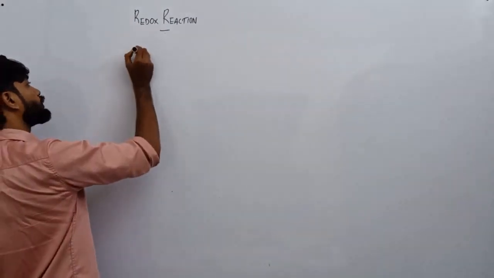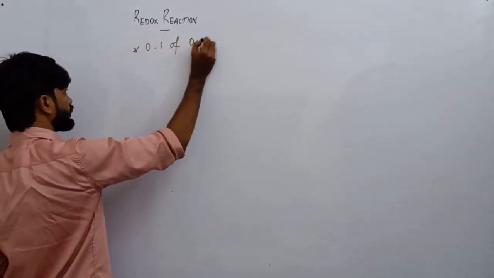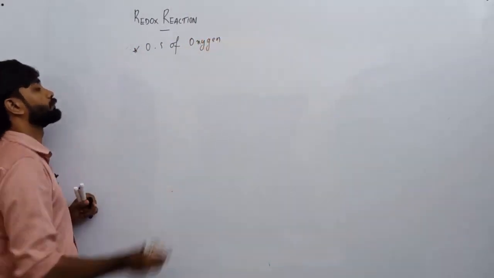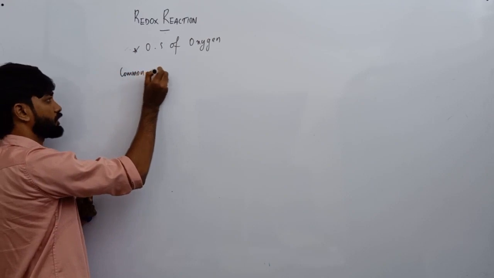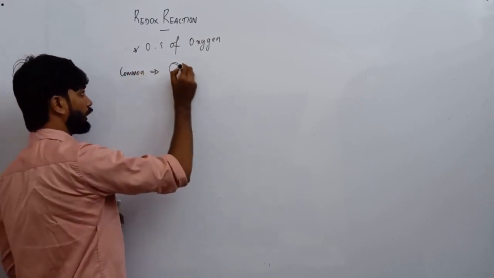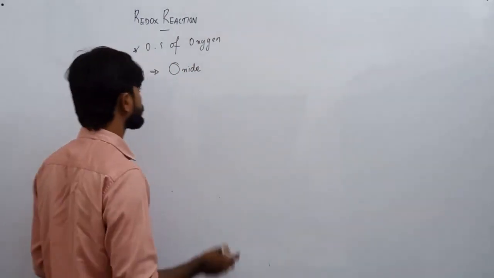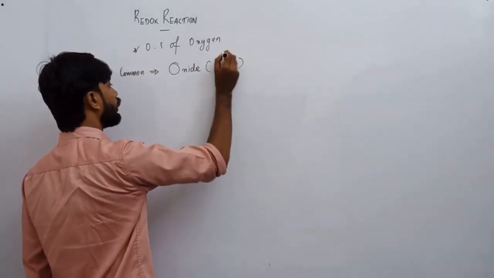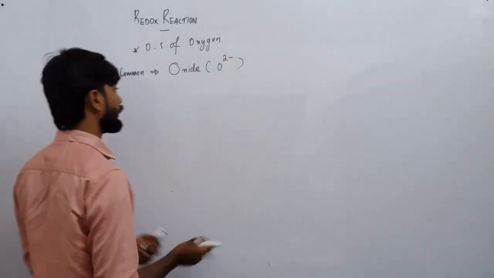The common oxidation state is the first one. The oxygen in the common oxidation state is -2, and the ion is known as the oxide ion, in the form of O2 minus.